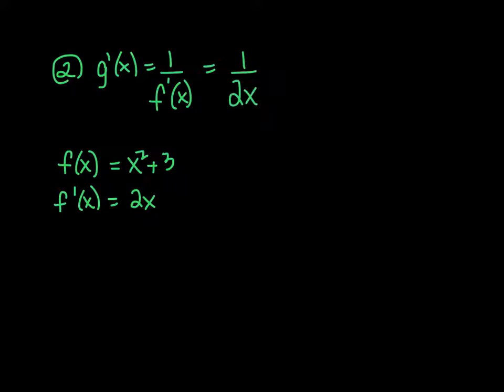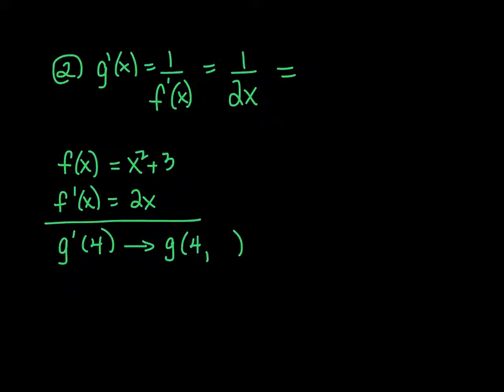Now I'm going to have to plug in an x value so that I can get a numerical value. So let's go to the part where it says g prime of 4. What that means is for g, my x value is 4. They didn't give us the y value, now did they?